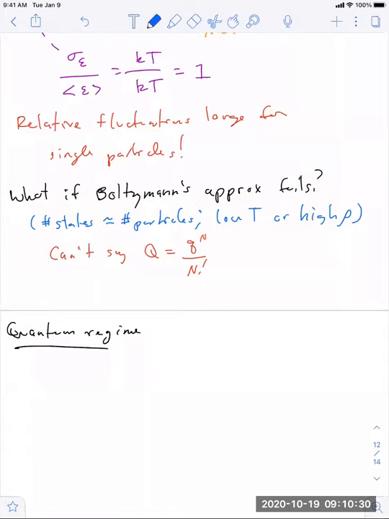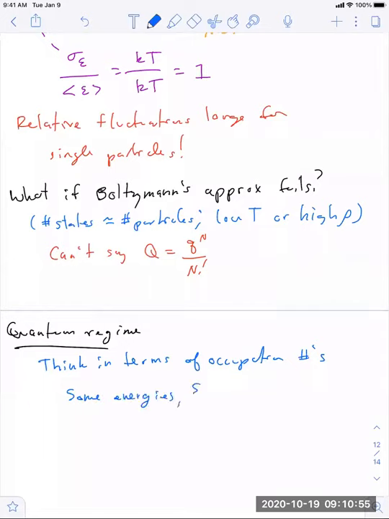So for the quantum regime, we want to think in terms of occupation numbers. So that basically means that we have some energies that are available.